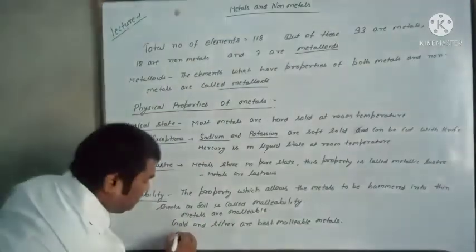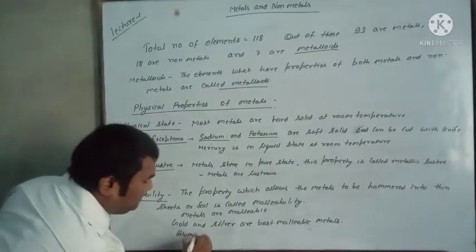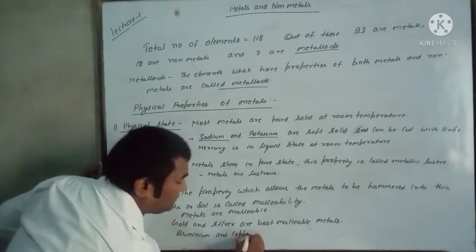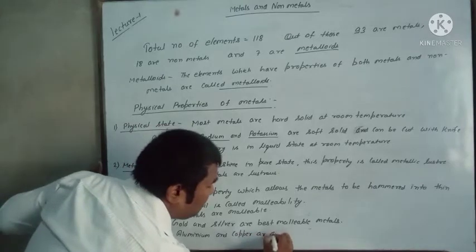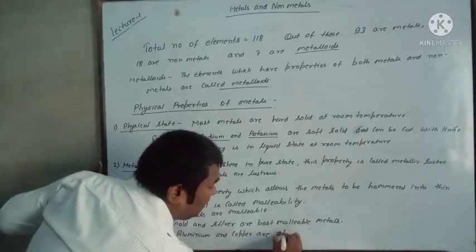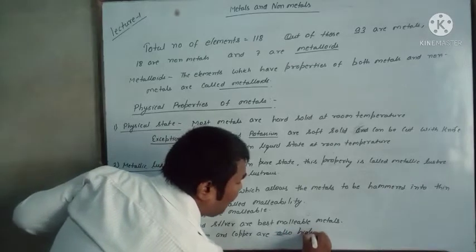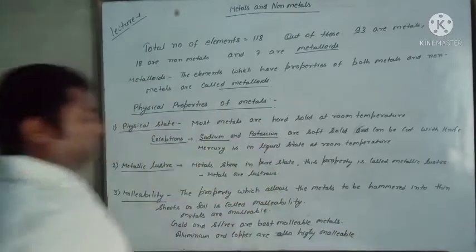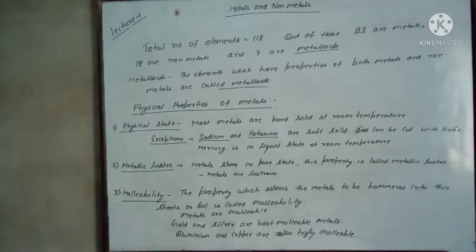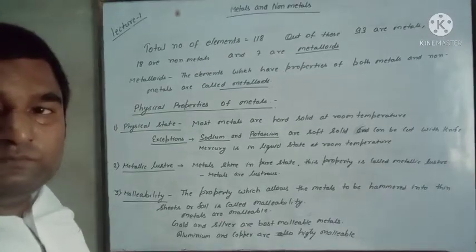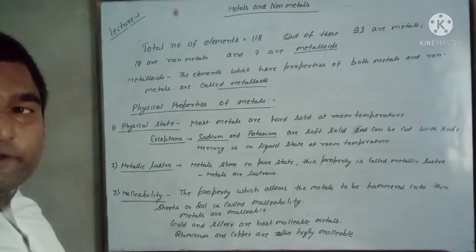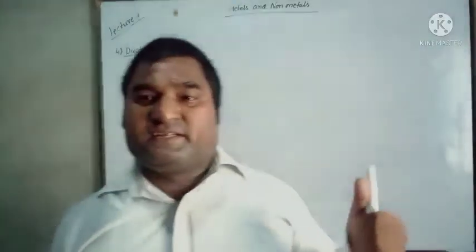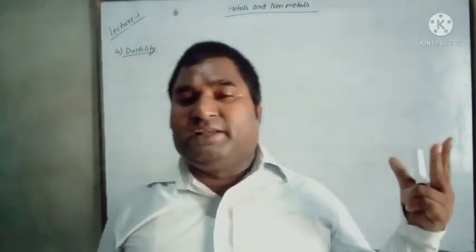Aluminium and copper are also highly malleable. ठीक है, पॉज करके इसको लिख लीजिएगा, ठीक है। So we have seen three properties: physical state, luster, we have seen malleability.